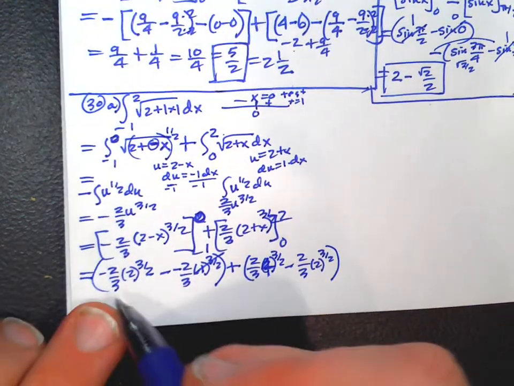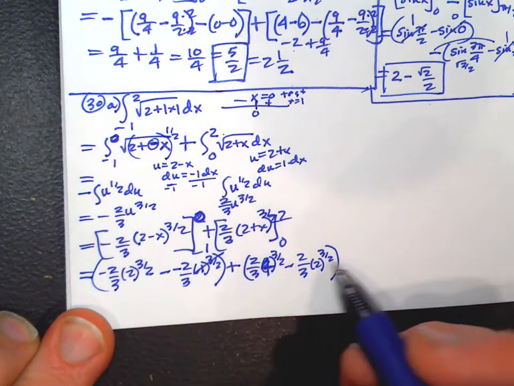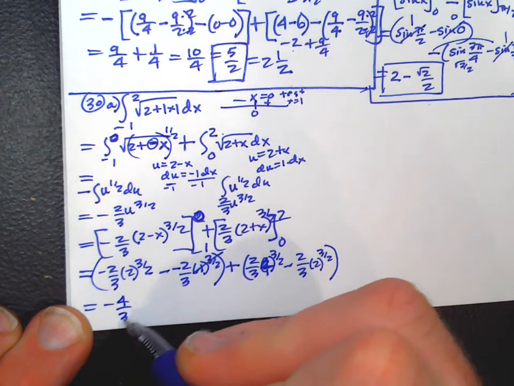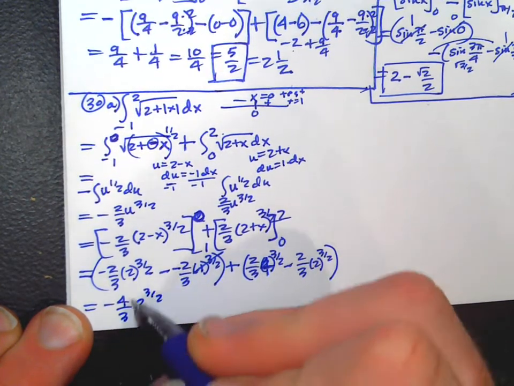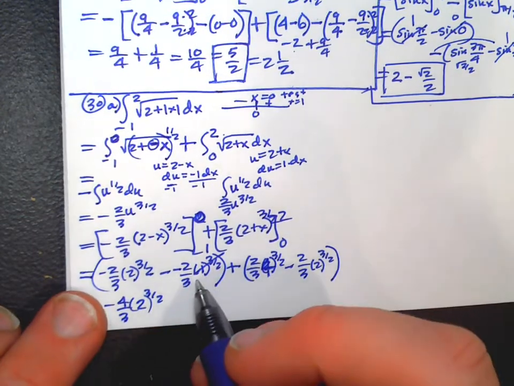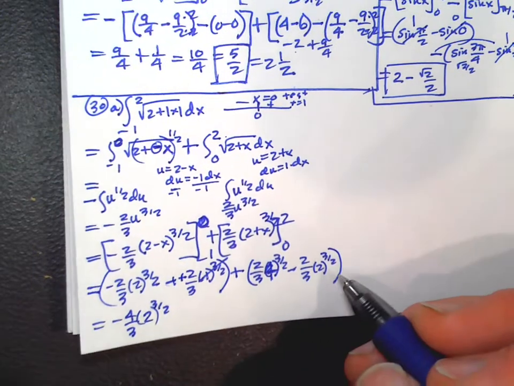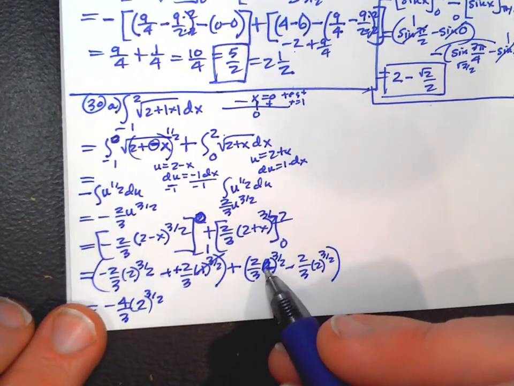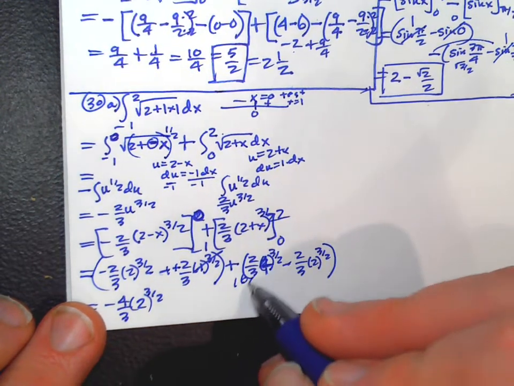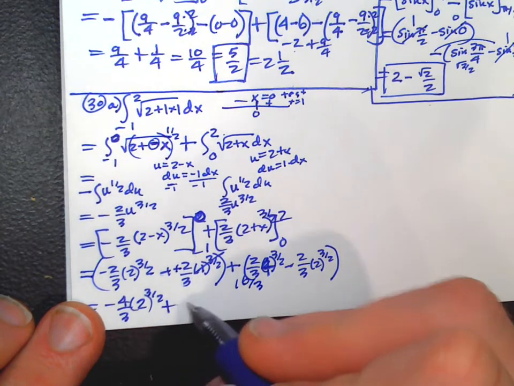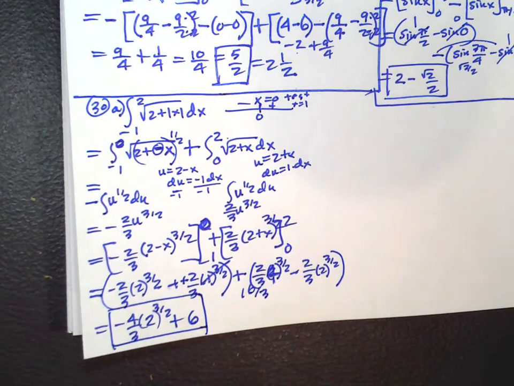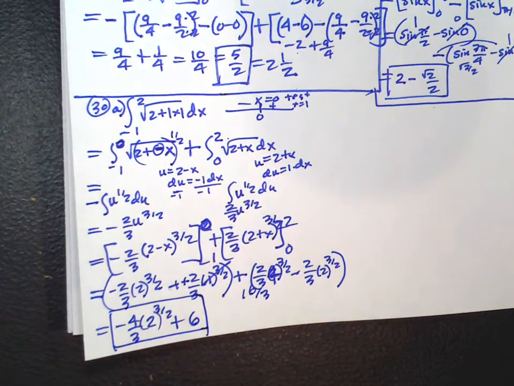So we have negative 2/3 times root 3 over 2, and then we have another negative 2/3. So that's going to be negative 4/3, 2 to the 3/2, right? Negative 4/3. And then this is going to be plus 2/3. The square root of 4 is 2. The third power is 8. That's going to be 16/3. So that's going to be a total of 18/3, which is 6. Unless I messed something up.